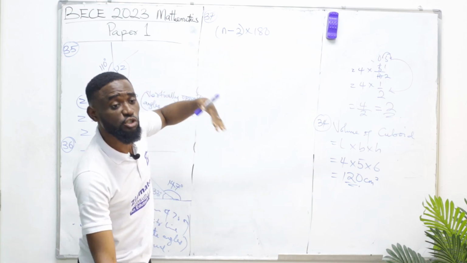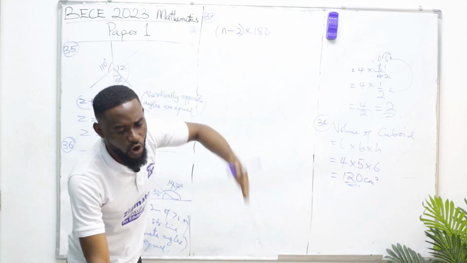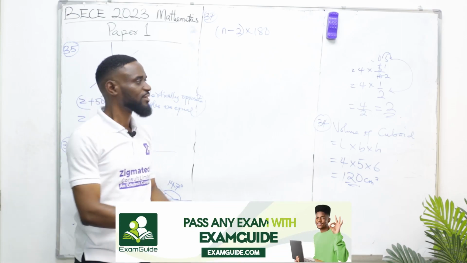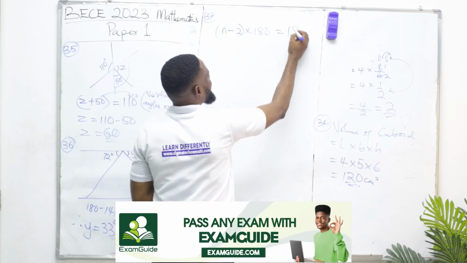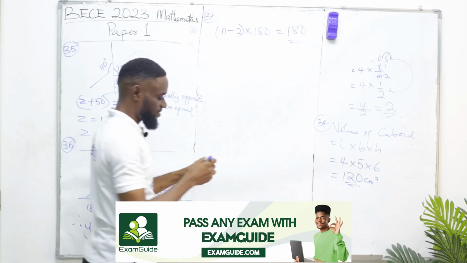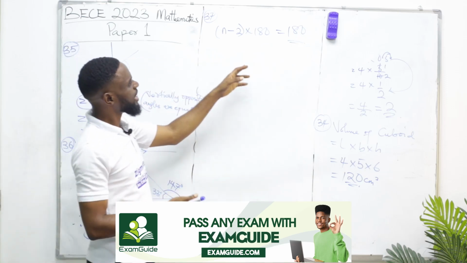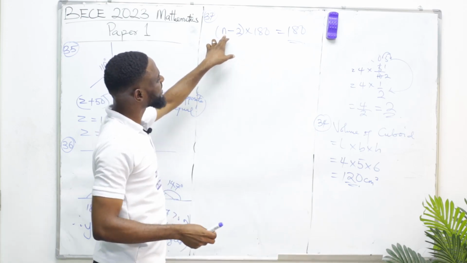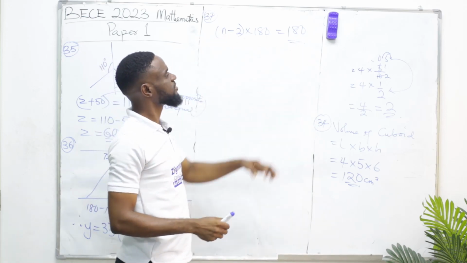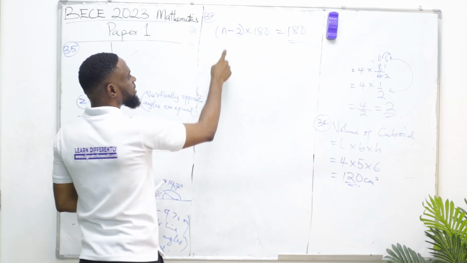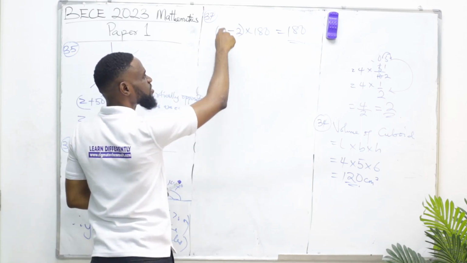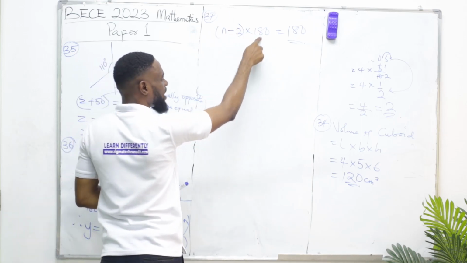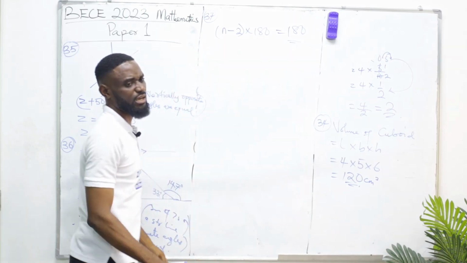This is the formula for the sum of the interior angles of a polygon. And they say it's 180. So you ask yourself, if this is the formula, what should be the value of n that will make this thing 180? It means that what we have in this bracket must be 1 to be multiplied by 180 to be 180. Do you understand the point now?